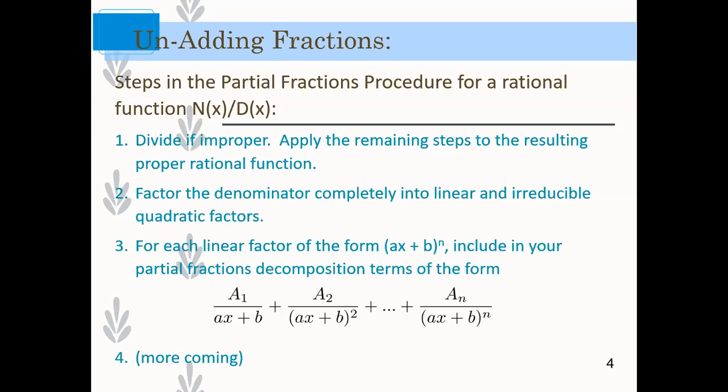So look, you have a number over the thing raised to the first power, plus a number over the thing raised to the second power, plus a number over the thing raised to the third power, plus dot, dot, dot, plus a number over the same linear factor raised to the nth power. All of those capital A's are numbers. Do you know what I'm saying? Now, that looks confusing, and you might be thinking, what on earth is that even saying? But let me give you a quick example, okay?